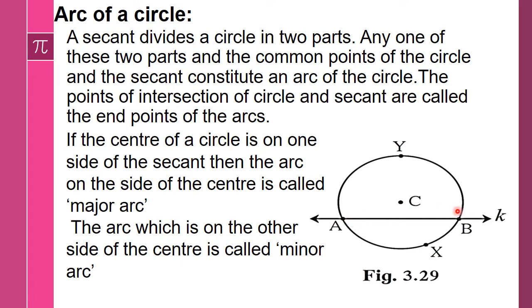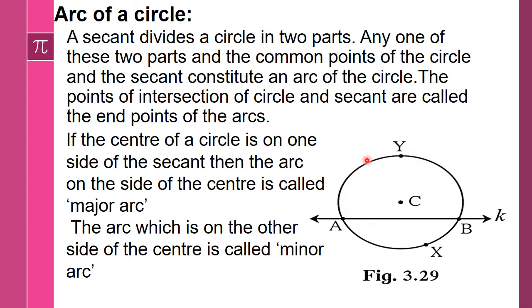If the center of a circle is on one side of the secant, now here, this line K is the secant and center C is towards its north side. The part where the center lies, the corresponding arc will be the major arc.